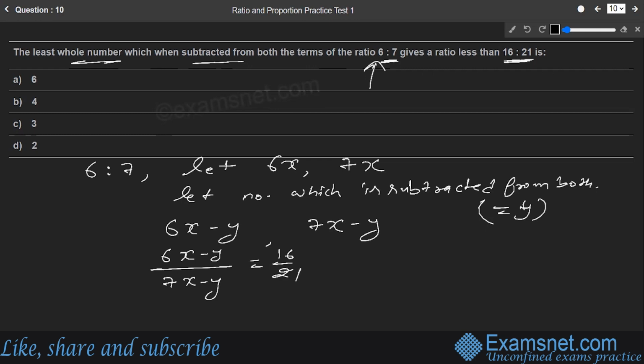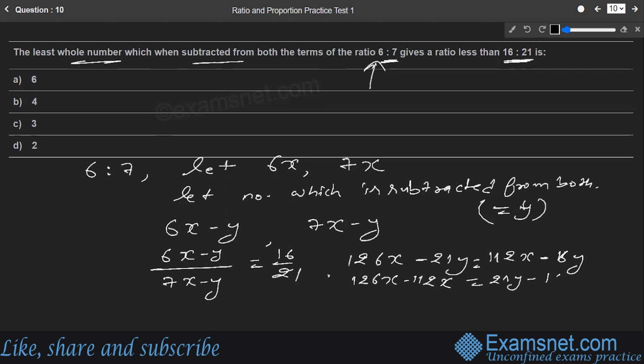We can solve this by cross multiplying. 21 into 6 is 126x minus 21y is equal to 112x minus 16y. So 126x minus 112x is equal to 21y minus 16y.